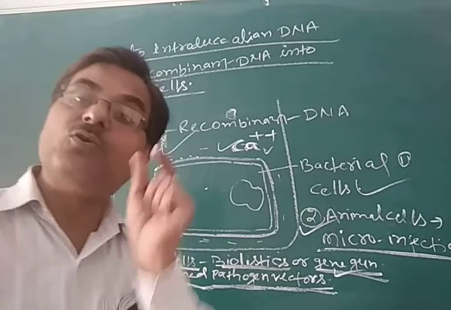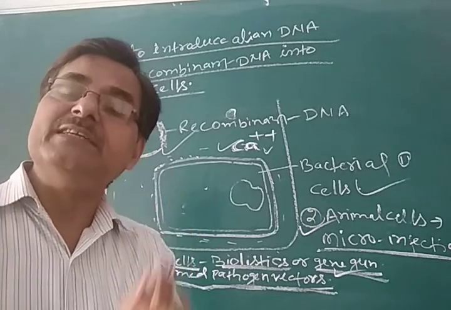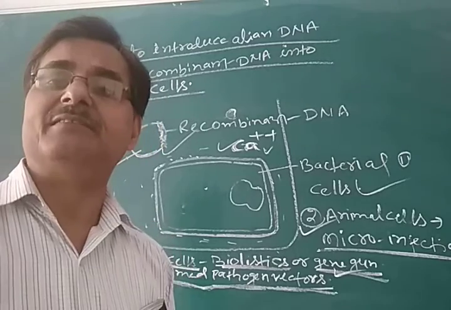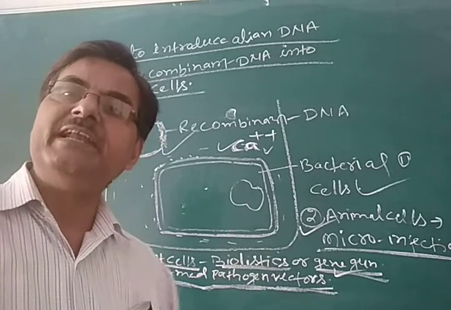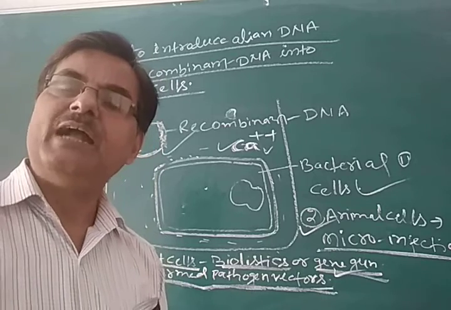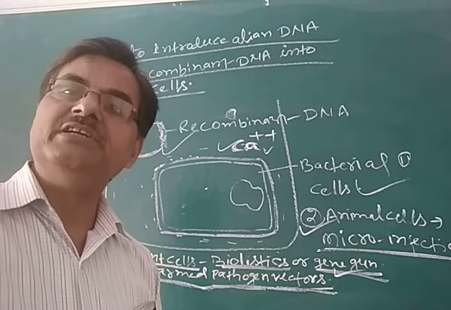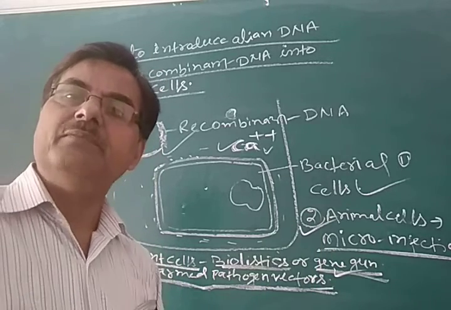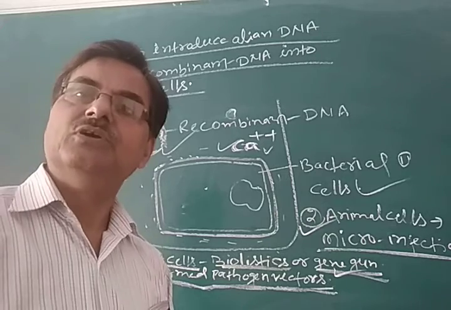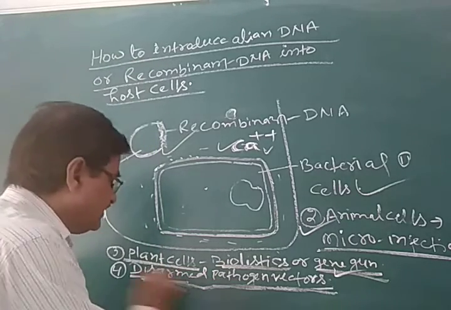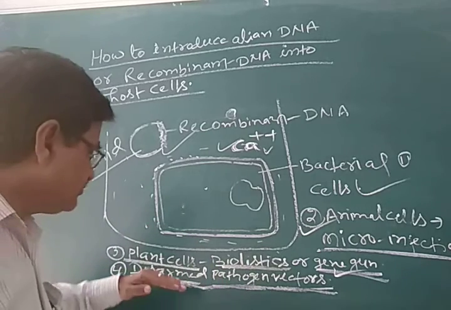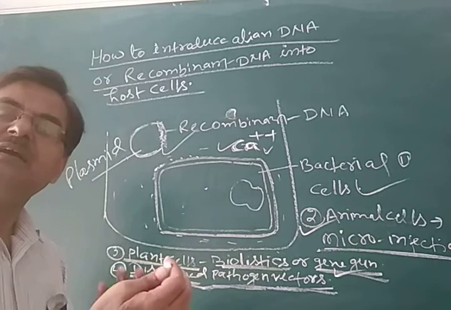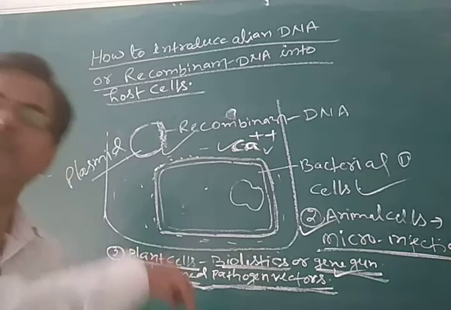We know that Agrobacterium tumefaciens is the natural genetic engineer that introduces the tumor-inducing DNA into the host cell. And through that tumor-inducing DNA we can introduce our desired gene also. So disarmed means to make it inactive or non-pathogenic, to make the bacteria or viruses non-pathogenic.